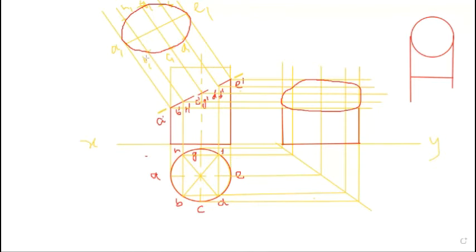Another important part: because you see this top portion, the material will be removed, so you have to draw the hatching line. How can you draw the hatching line? The gap between two hatching lines will be 1.5 to 2 millimeter, or 1 to 2 millimeter, and the angle must be 45 degrees to this axis.